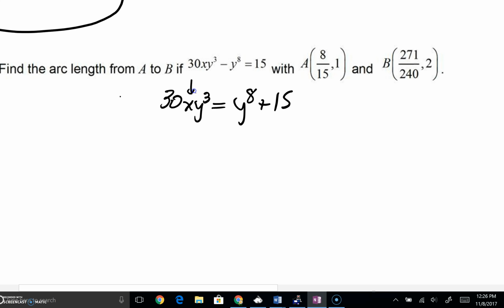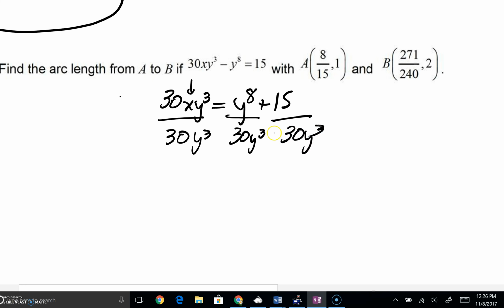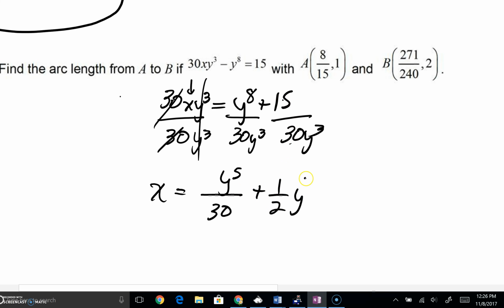Look, it's way easier to get x alone. I'm going to divide everything by 30y cubed. Everything gets divided by 30y cubed. And then all of a sudden I've got x equals y to the 5th over 30, and 15 over 30 is a half, but then we'll say y to the negative third.